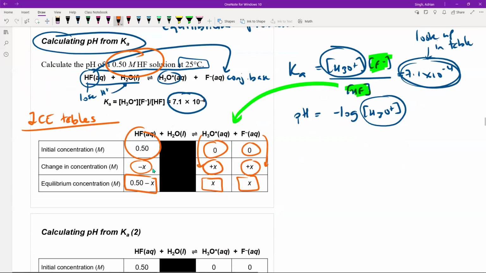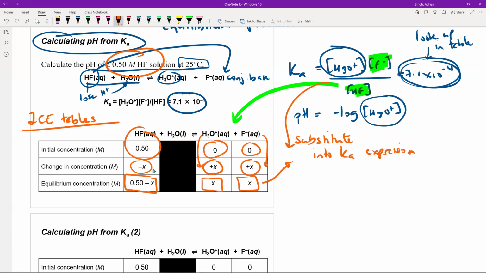So what we can do is substitute those values into our Ka expression. And again, I'll keep harping on this: this really boils down to a math problem.